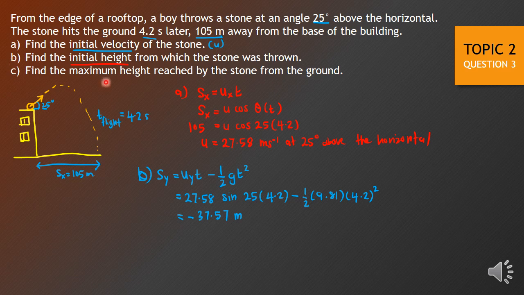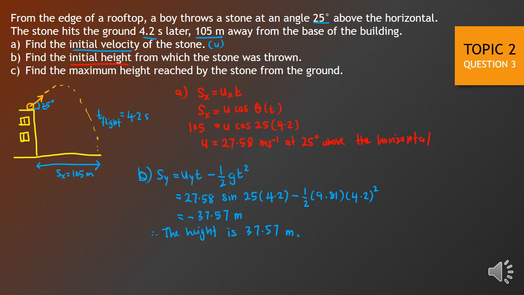Therefore, the initial height is 37.57 meters. So we can just remove the negative sign. The negative sign was talking about the final position of the stone, which is lower than the initial position.